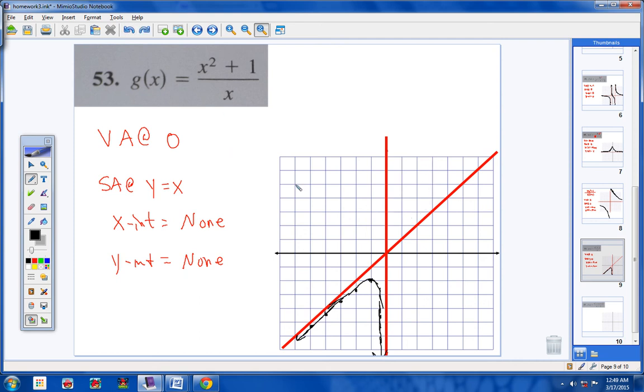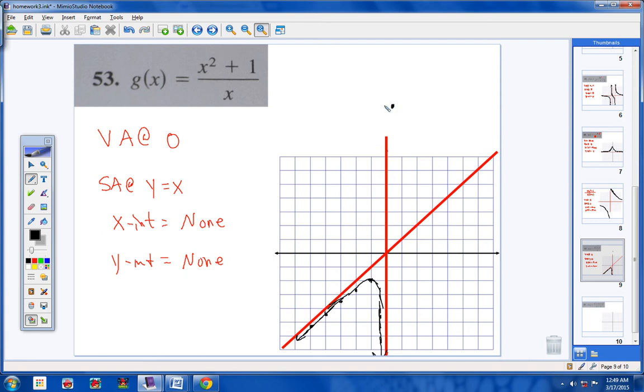So let's work our way now to the right of the vertical asymptote. Let's go to 0.1, and let's see if we can get a value out for that. 0.1 is positive 10.1. So I know I'm way up here somewhere.